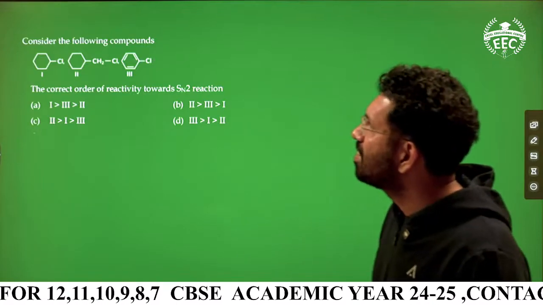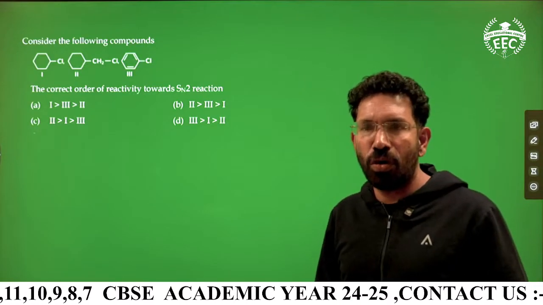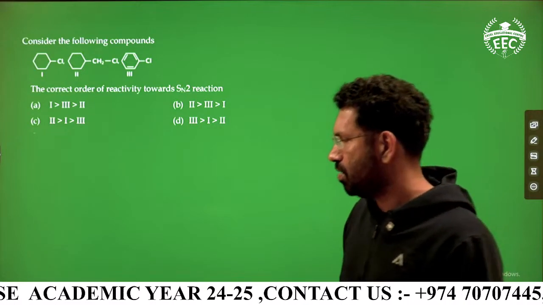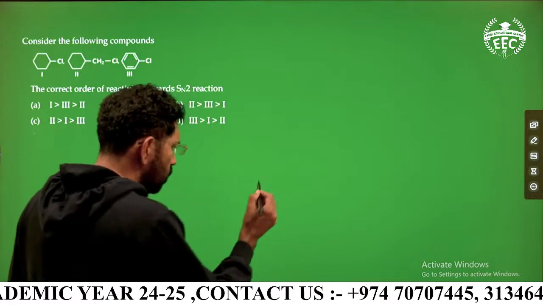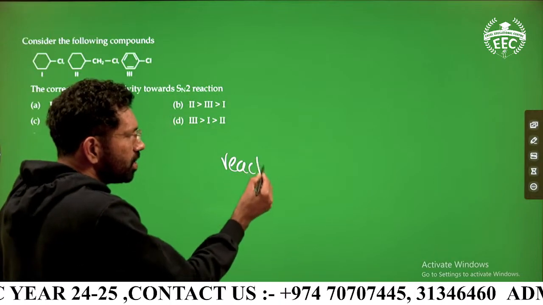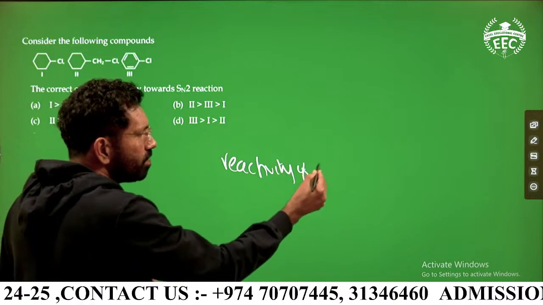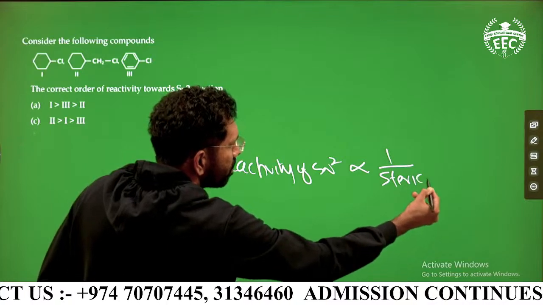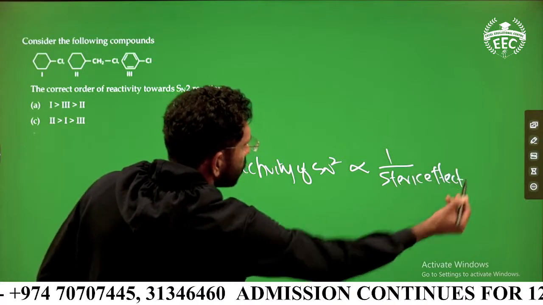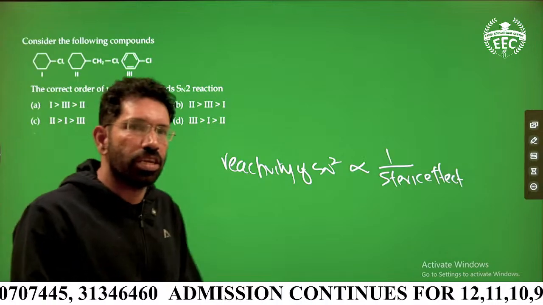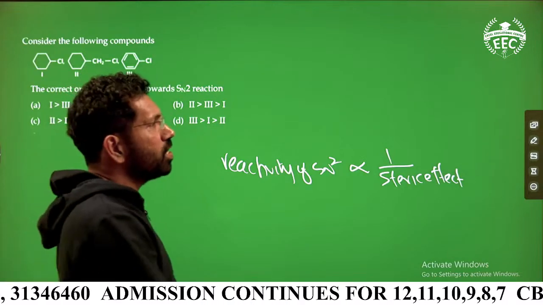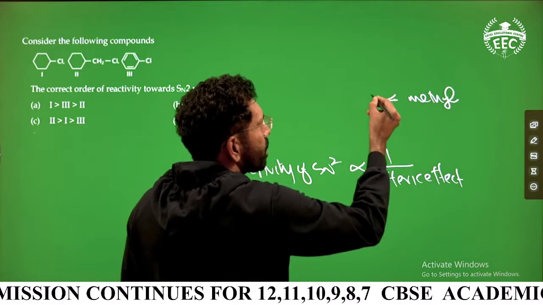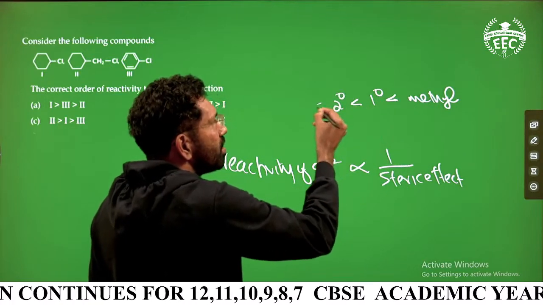what's the answer here? We know the order of reactivity of SN2. This is the theory you have to remember. Reactivity of SN2 is inversely proportional to steric effect. The order of reactivity of SN2 is methyl on top, then primary, then secondary, then tertiary.